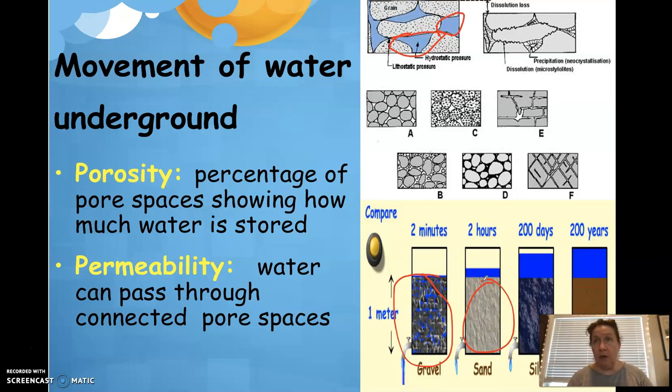Sand is the largest particle of those three, 2 hours for it to pass through. And then look at this with the clay. This is phenomenal. 200 years for water to actually pass through, depending on the level up there. So that's probably about, looks like, in comparison to the 1 meter, maybe a fourth of a meter.